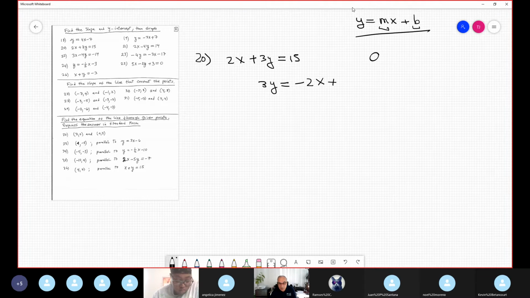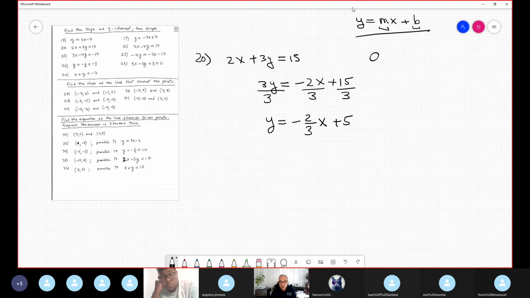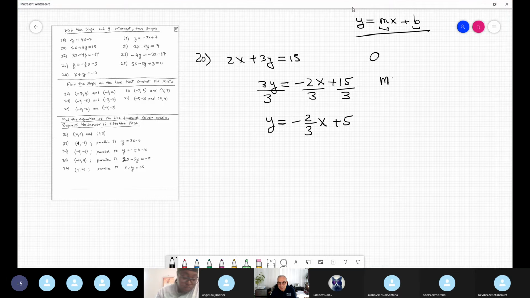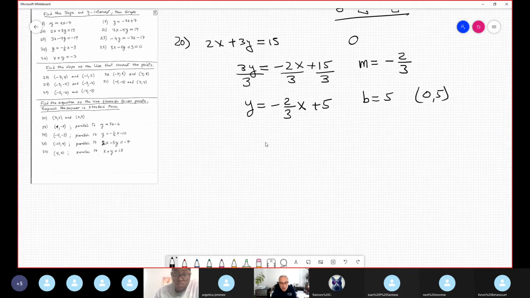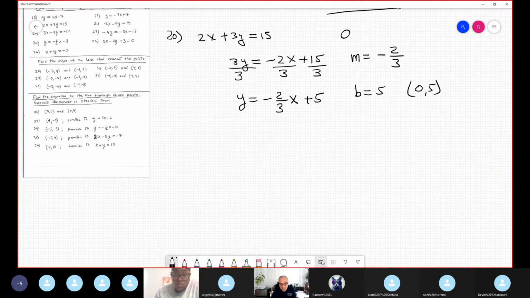Minus 2x plus 15, divided by 3, y alone is my goal, is equal to minus 2/3 x plus 5. I discover that the slope is minus 2/3 and b is positive 5. Therefore, the y-intercept is the point (0,5). Okay, with this information, I am totally ready to make a graph.